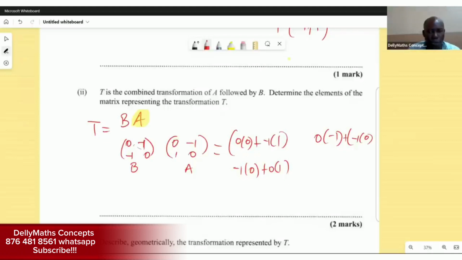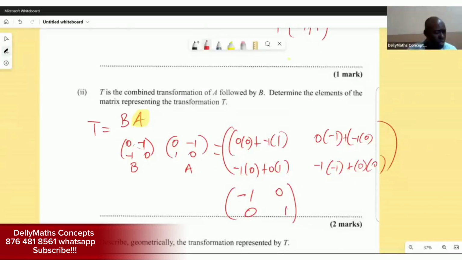And then -1 times -1 plus 0 times 0. So what's my final thing? We have a -1, a 0 here, a 0 here again, and a +1 here this time. So the combined transformation is -1, 0, 0, 1. You just multiply ordinary matrices and go. So that is the transformation T, correct?